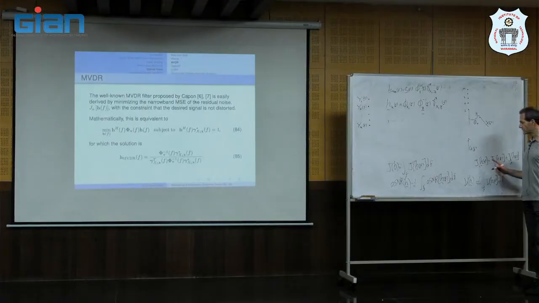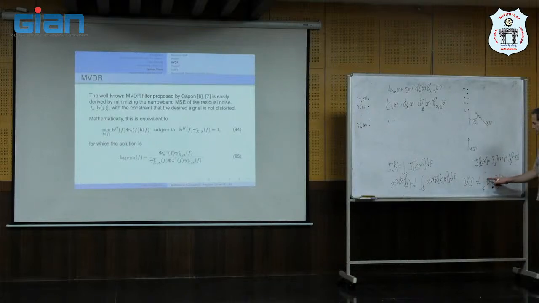So if I set the narrowband distortion index to zero, the superposition of zeros is also zero. So the broadband distortion also will be zero.